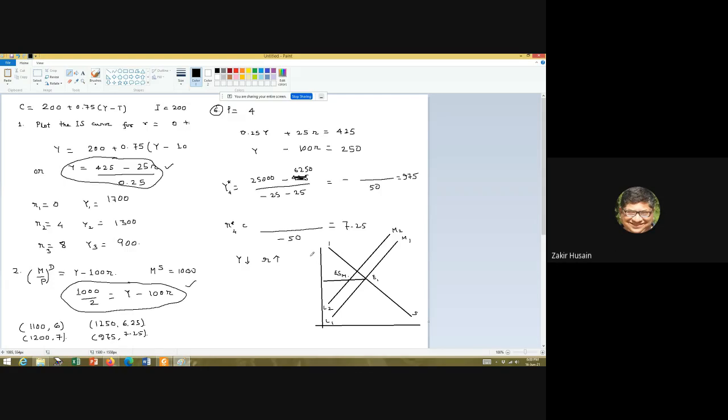Because, sir, with respect to which LM curve? This LM1. If everything is the same and the price level goes up, then yes, no, sorry, wait a moment. We have to look at it a bit carefully.